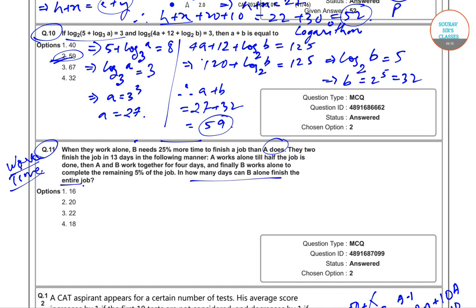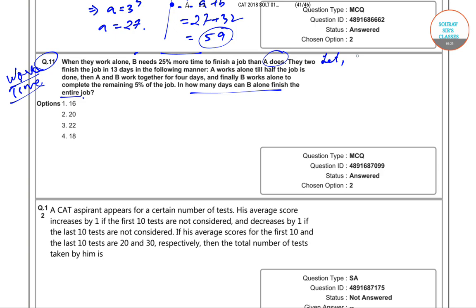So what we'll first do over here is let A do the job in x days.